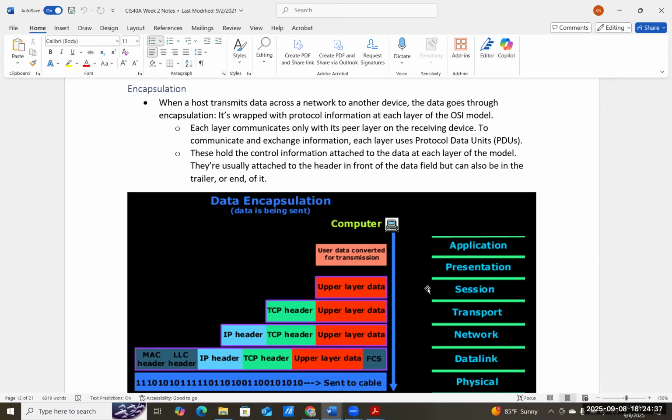That conversion has to be done quickly because otherwise I would say something and seconds or minutes later the person would hear it. Communication has changed because we now have very high throughput. So your data is converted for transmission.